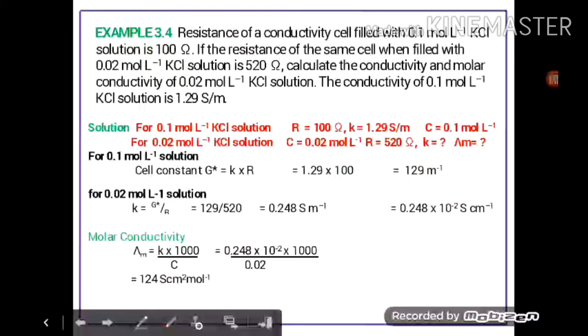In this way we will use the cell constant. We have discussed cell constant in my previous video. Cell constant G star is equal to K into R. So here by using cell constant we will calculate this.